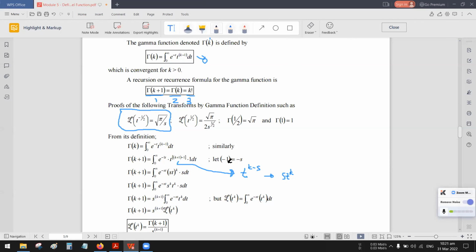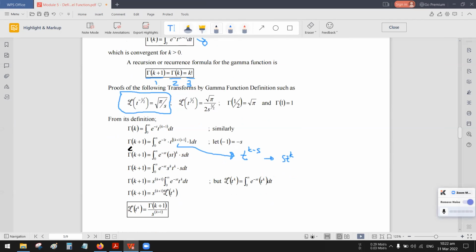Okay, so we let -1 as -s. Then we substitute. We simplify this one. And then from this point, we use the integration by parts now. Shortcut na lang 'to, shortcut.